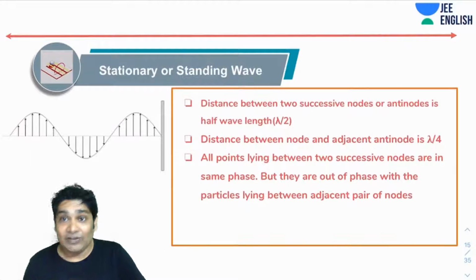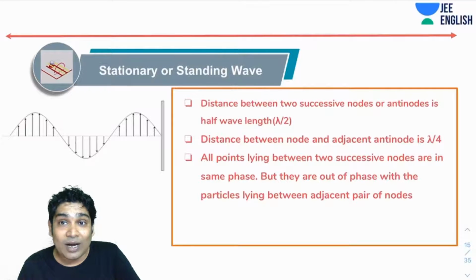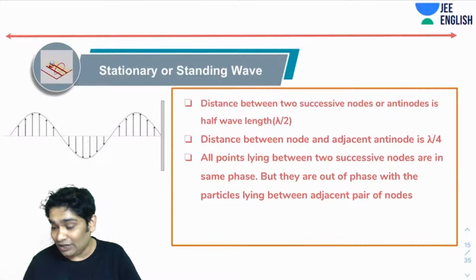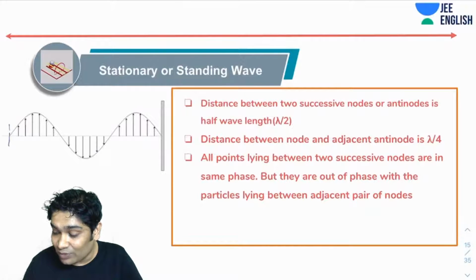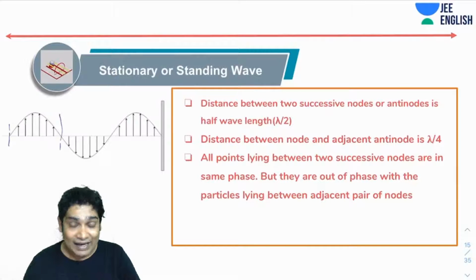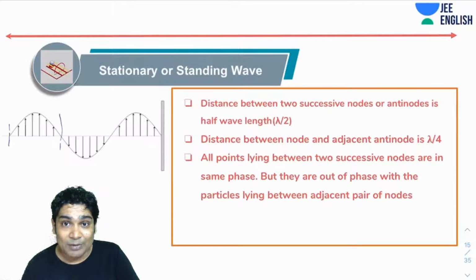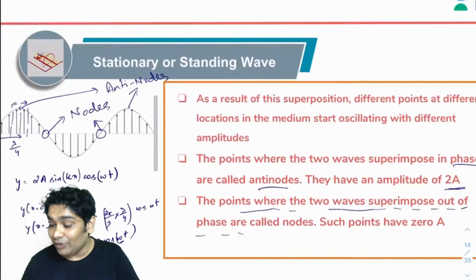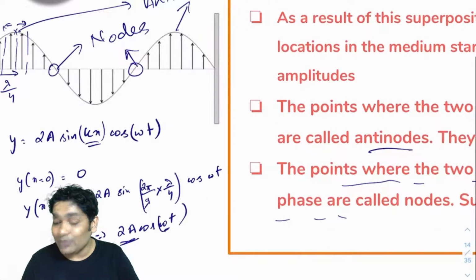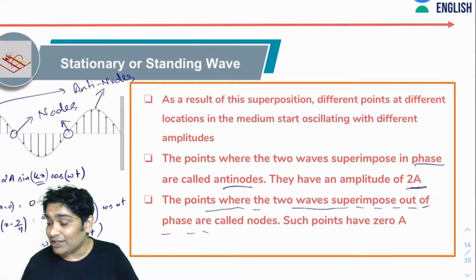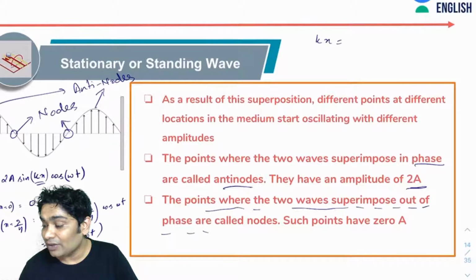Now, the distance between successive nodes or antinodes is half lambda. I hope you will realize that from the equation. At x equals 0, first time you get 0 amplitude. Next, when will you get 0 amplitude? When this thing becomes equal to pi. So kx equals pi. I know k is 2 pi over lambda, so 2 pi over lambda into x equals pi.